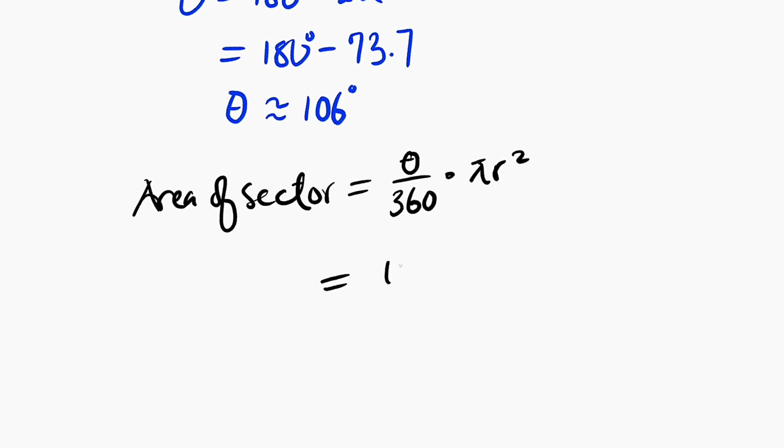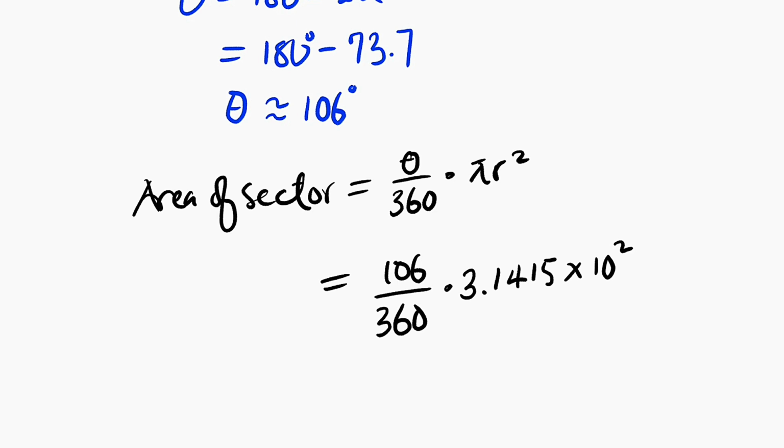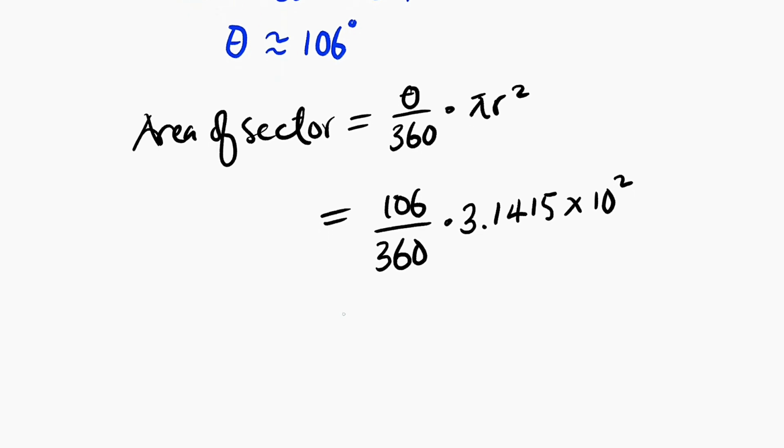So this is equal to 106 divided by 360 multiplied by pi, which is approximately 3.1415, multiplied by the radius squared, which is 10 squared. Let me multiply everything directly. This is approximately equal to 92.5 centimeter squared. So 92.5 is approximately the area of the sector.